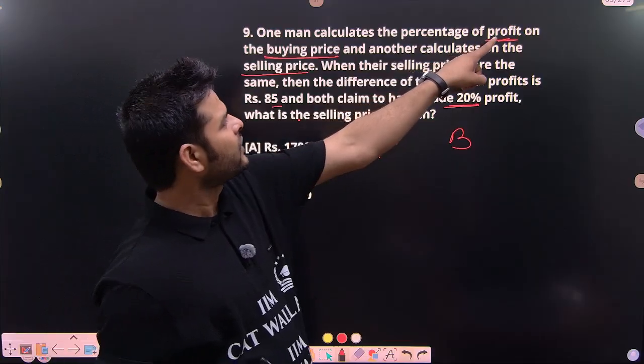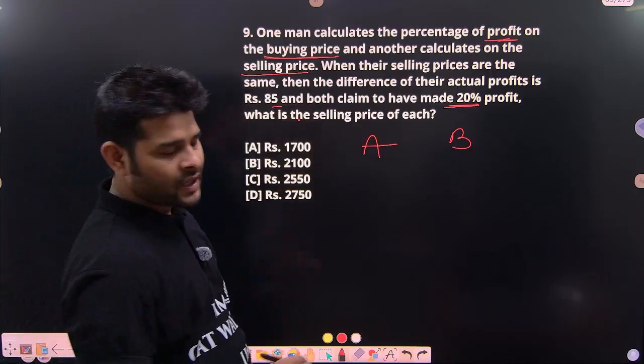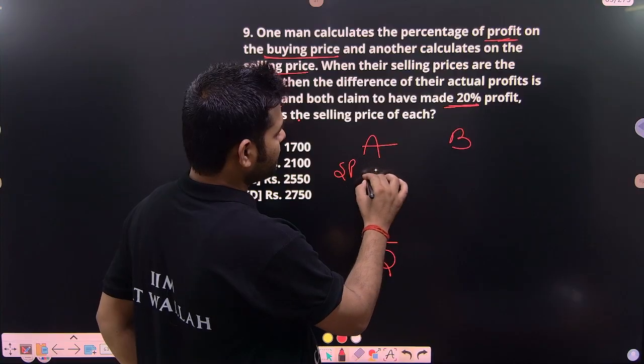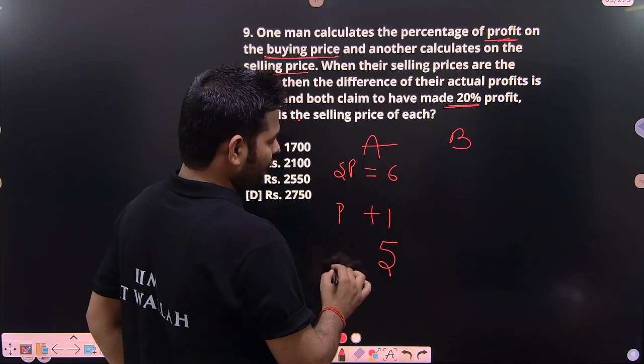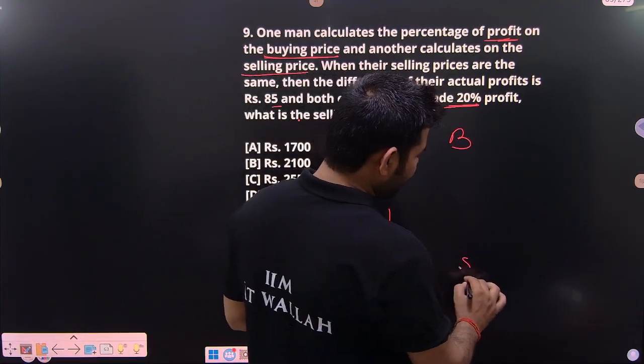One man calculates the percentage on CP. So 20% means 1/5. So 5 is CP, 1 would be profit, so SP would be 6 for the first man. For the second man, SP would be 5.